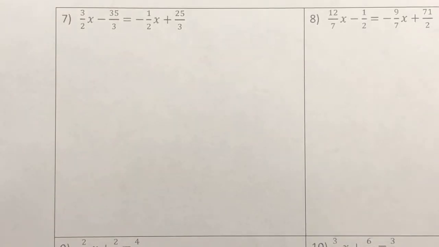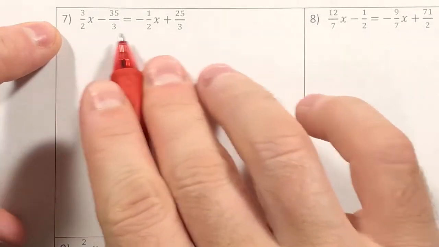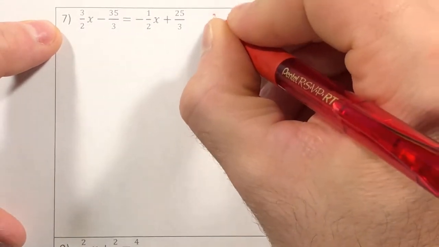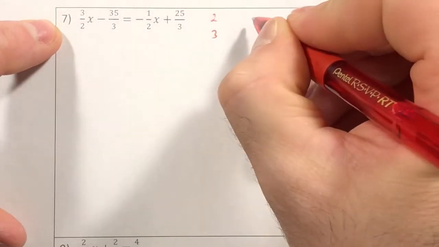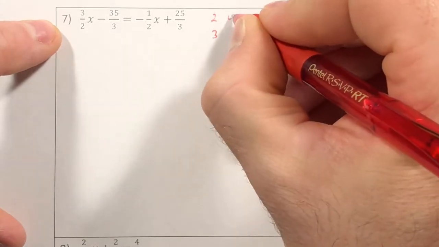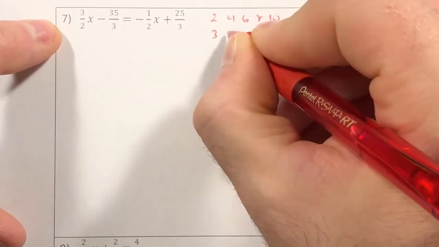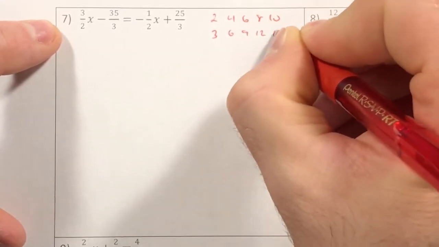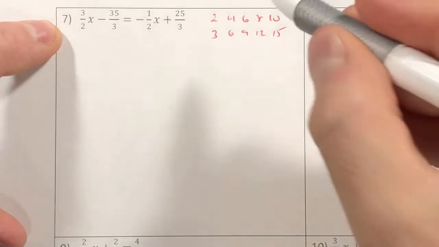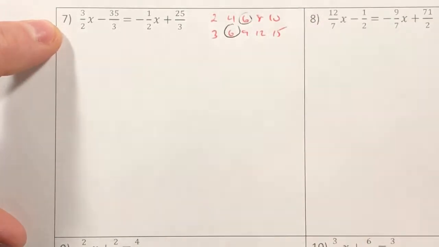Okay. Now that you've had a shot to try it out, what I see is different denominators of 2 and 3. So I'll count by 2s and count by 3s. 2, 4, 6, 8, 10, and 3, 6, 9, 12, 15. And I notice that my common multiple is going to be a 6.